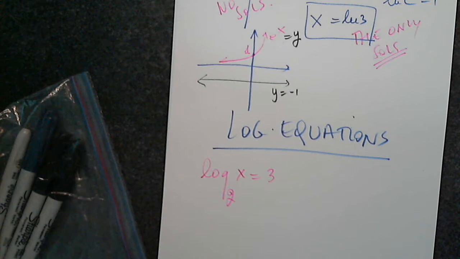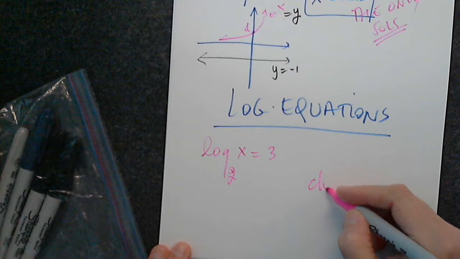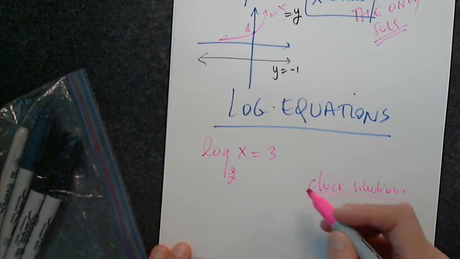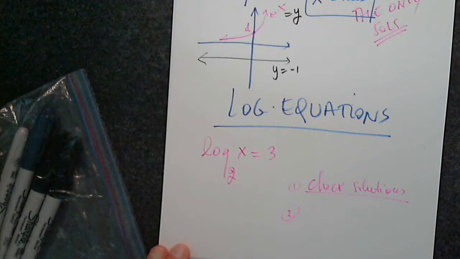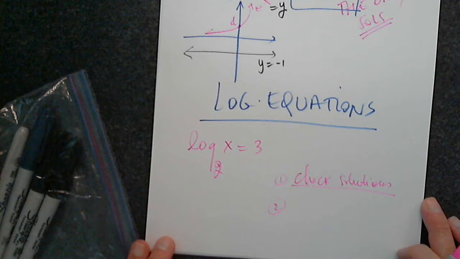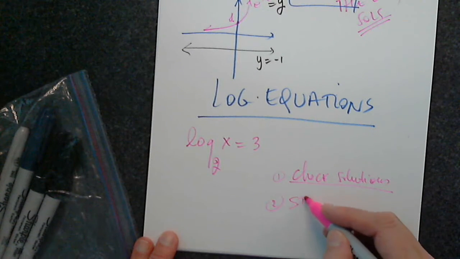Every time we solve log equations, we have to choose one or the other of the following methods. It doesn't matter which one you choose, but you have to choose one. You either say, I commit myself to check solutions in the original problem, or the second option, which I prefer but you don't have to, is state domain.